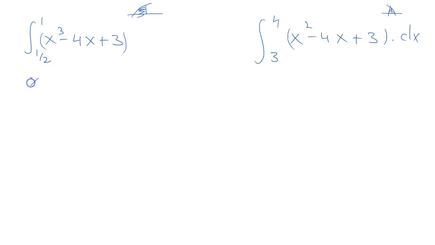So this one is, this is x², not x³. This is x². So this is x³ over 3 minus 4x² over 2 plus 3x.